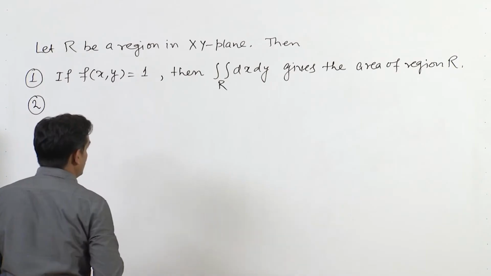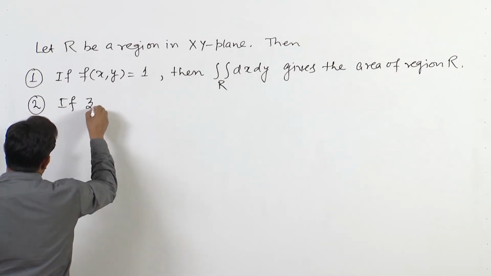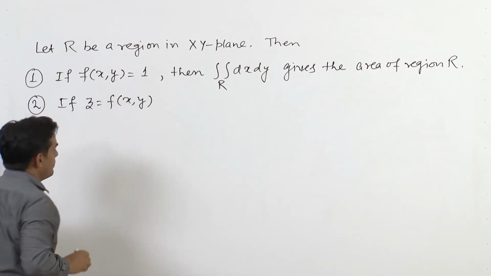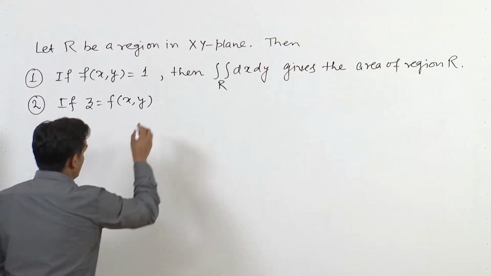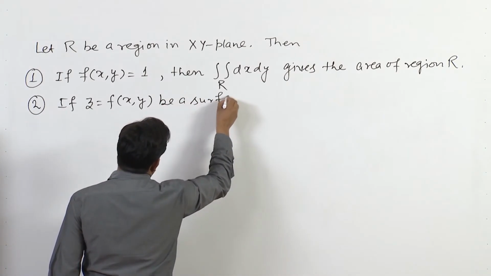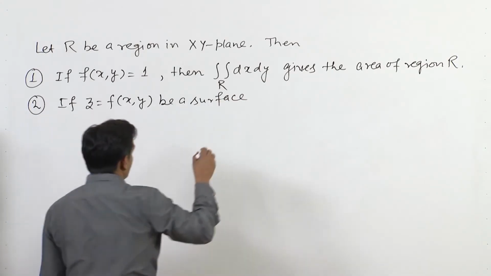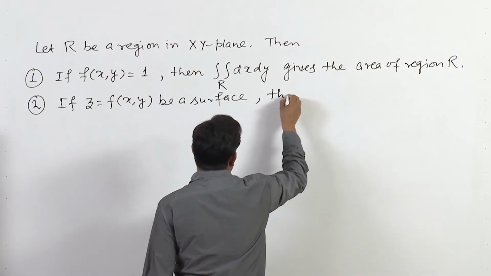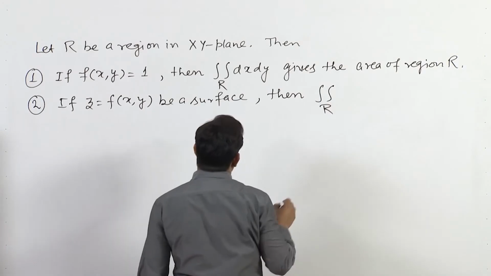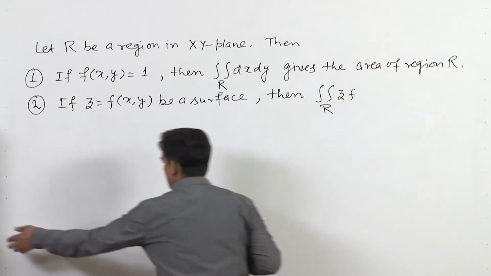Number 2, if z equals f of xy is a surface, then the double integral over region R of z dx dy.